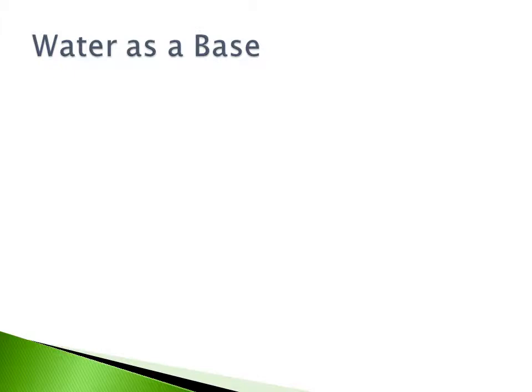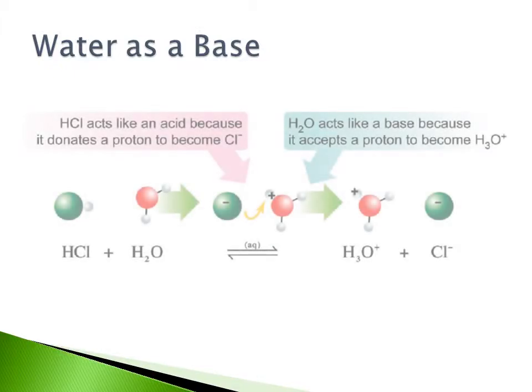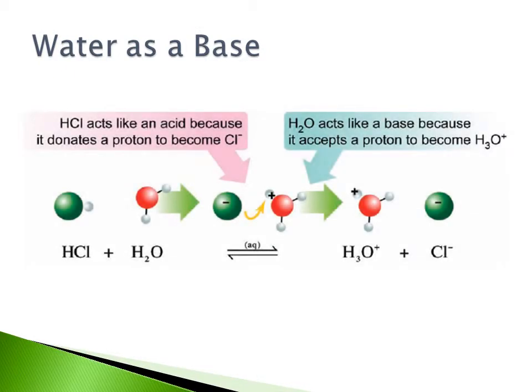Now let's look at water as a base. Wow, that's so cool. Water can do both. Here we've got HCl plus H2O. Your HCl is going to give away the H plus, so he's the quarterback, he's the acid. Your H2O is going to be your receiver, so H2O in this case is acting like a base.